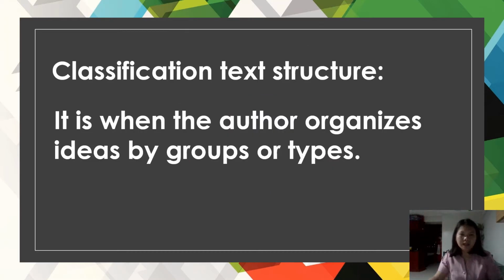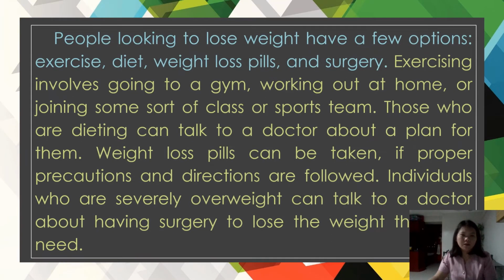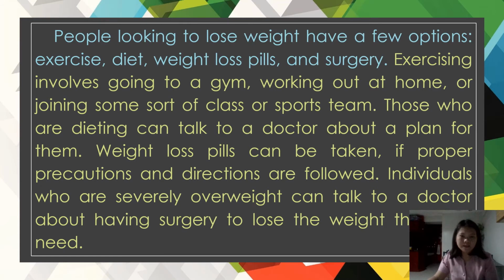So therefore, classification text structure is when the authors are organizing their written ideas by groups or types. Classification text starts with a main idea and uses the rest of the text to explain a series of secondary ideas. For example, on this slide, the first sentence is a topic sentence where you can get the main idea, while the rest of the text are the supporting details where you can see the secondary ideas.